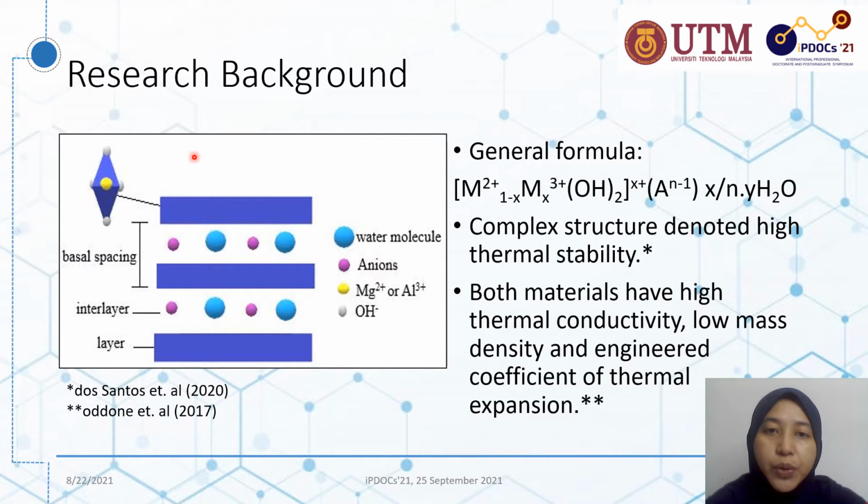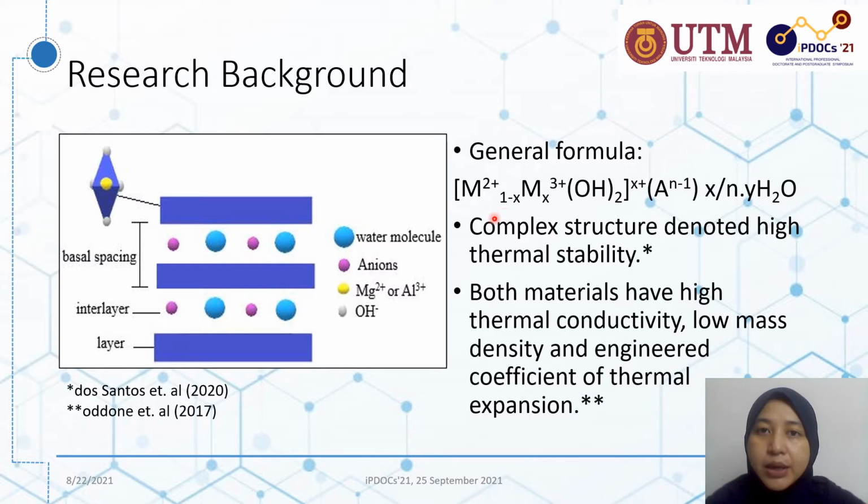We continue with a schematic diagram of layered double hydroxide, which contains a cation sheet and an anion as interlayer. The general formula is divalent and trivalent cations and an anion.